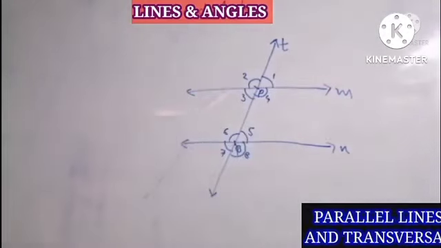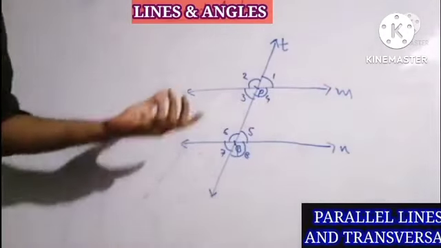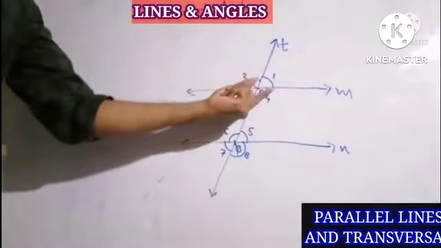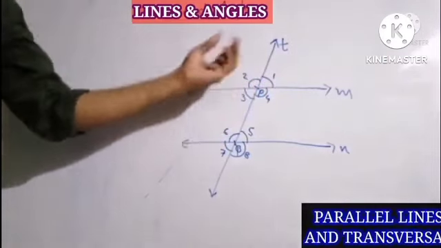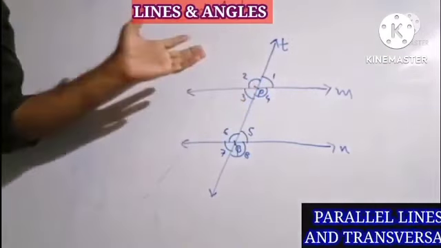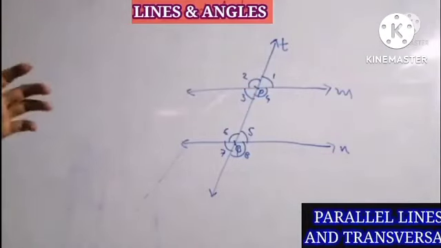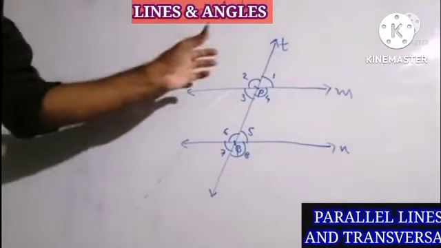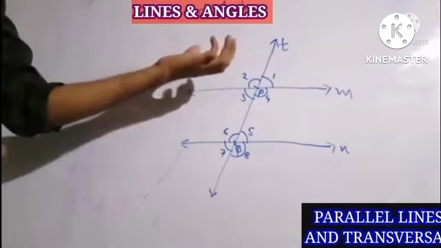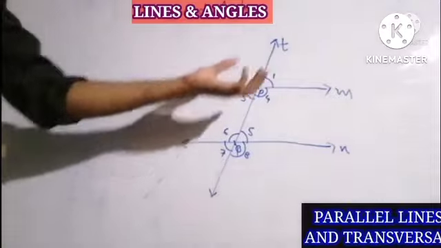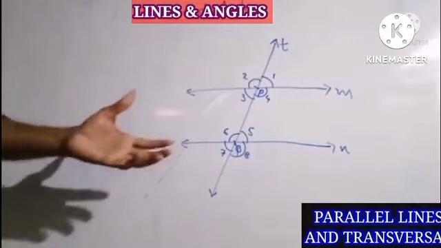We know that yesterday we studied when two lines are intersected, 4 angles are formed, and these 4 angles are categorized into two different types of pairs, linear pair and vertically opposite angles. A linear pair forms supplementary angles whose sum is 180 degrees, and vertically opposite angles are equal.